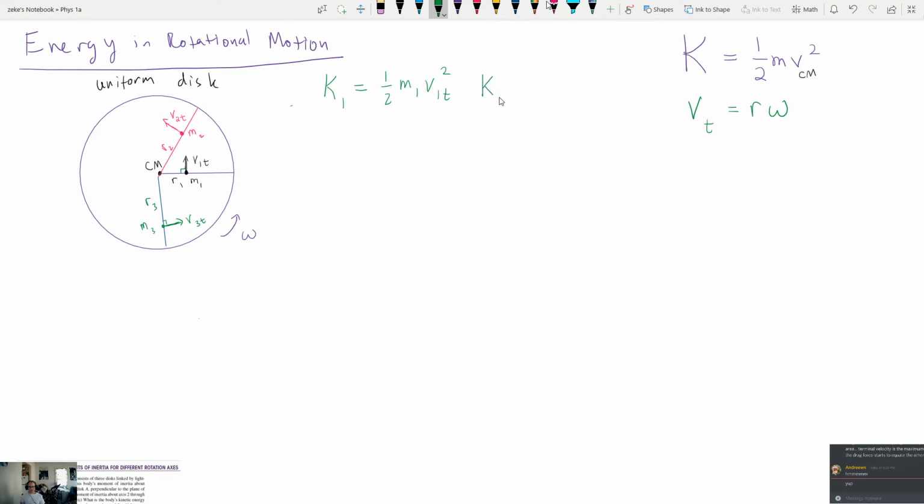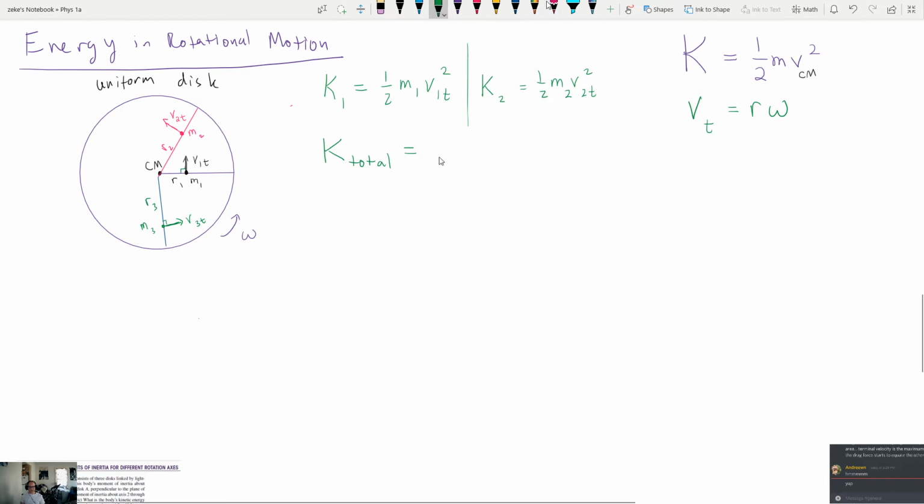I could say the same thing for the second object, that it has a kinetic energy equal to 1/2 mass times its velocity squared. So it's m2, and then it's v2 tangential squared. And I could go through my entire object, pick out every single piece, and for every piece I can write down this exact same expression, until I can say that the total kinetic energy would be equal to, well, let's not write it as a sum yet.